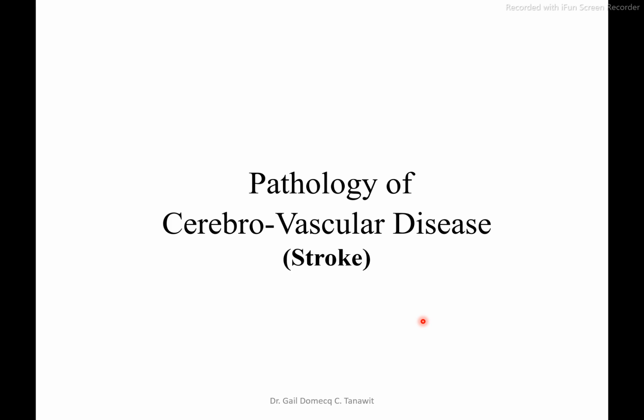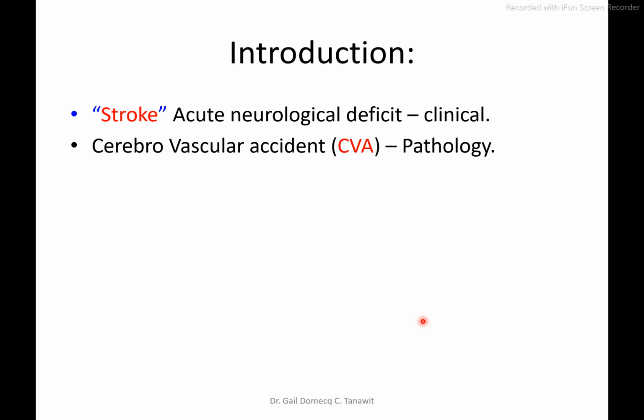Okay, let's proceed to cerebrovascular disease or strokes. When you hear the word stroke, it means an acute neurological deficit, usually secondary to a cerebrovascular accident or CVA, and it's secondary to low oxygen or low blood supply.